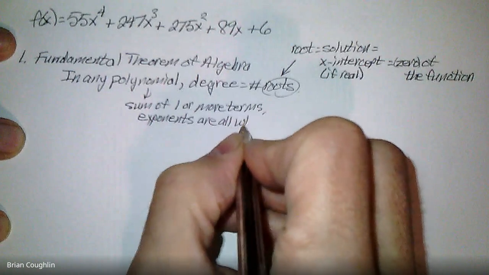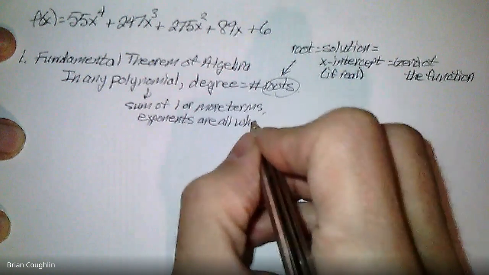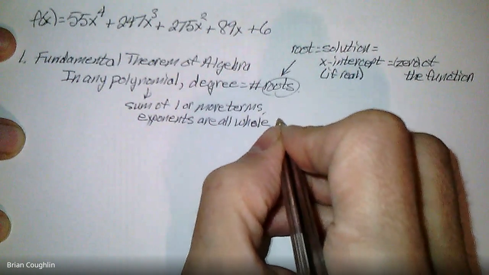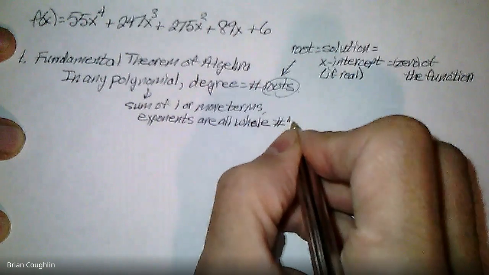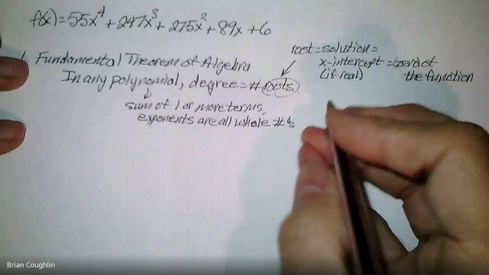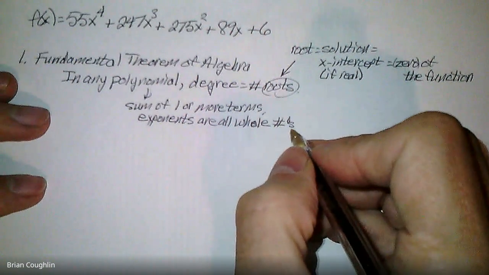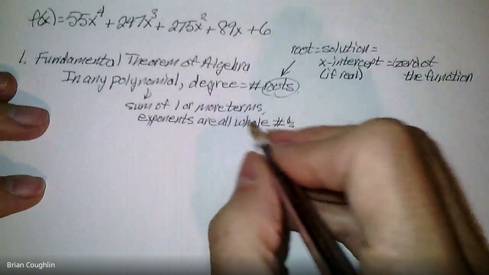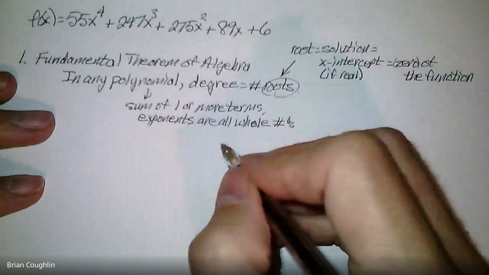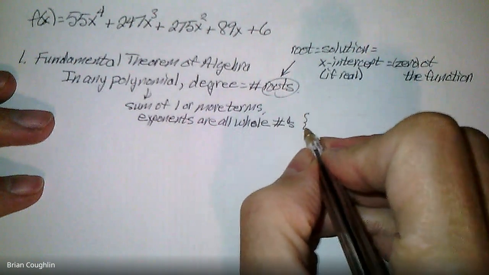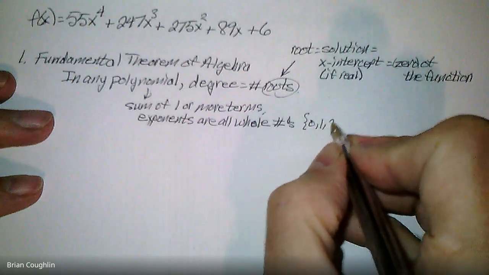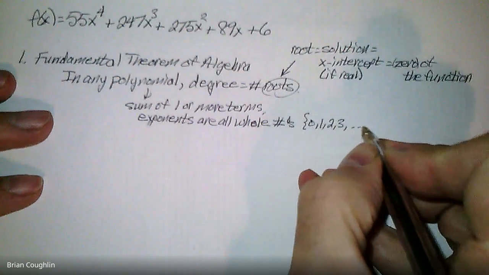Now be careful there. Whole numbers doesn't necessarily mean round numbers. It does not include negatives. It also obviously doesn't include decimals and things. So this would include 0, 1, 2, 3, and up.